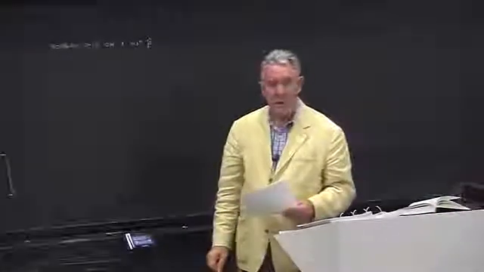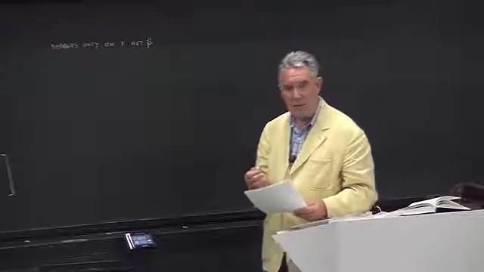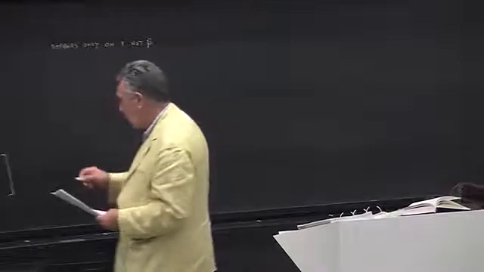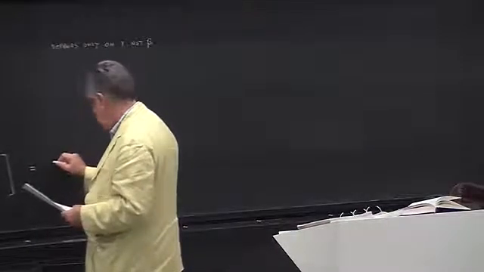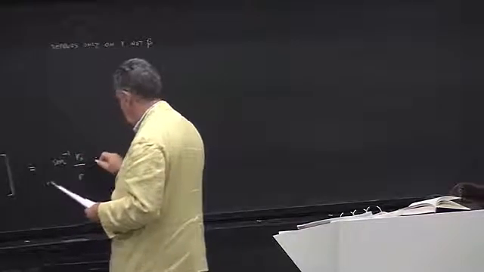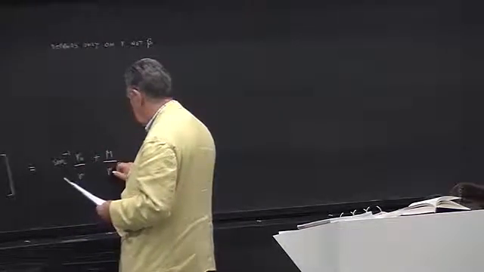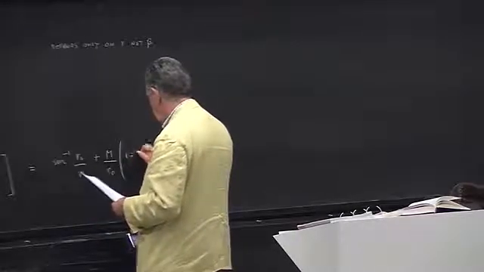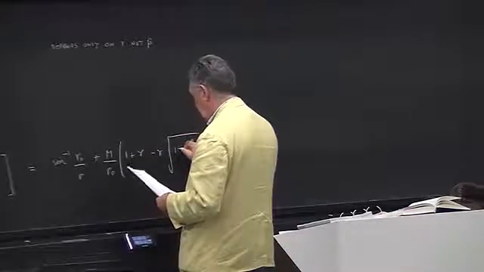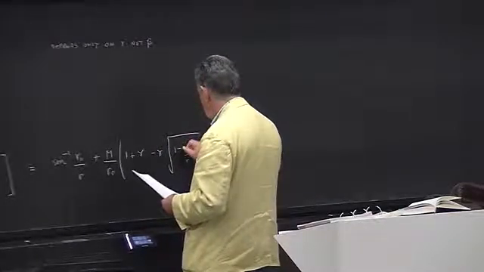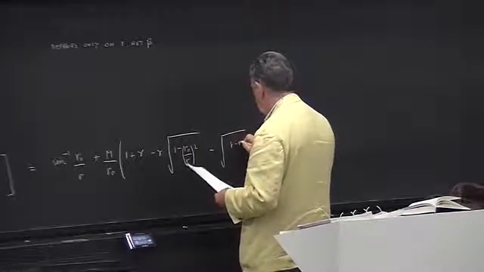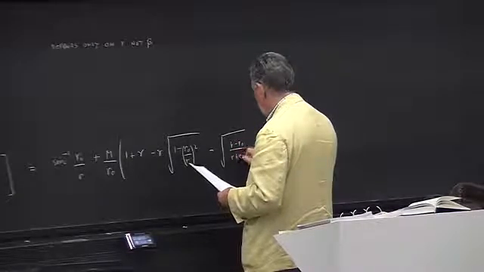Which is a pity in a way, because it means we're testing less than we'd like to test, but that's the way it is. And this equals inverse sine r naught over r plus m over r naught into 1 plus gamma minus gamma square root 1 minus r naught over r squared minus square root r minus r naught over r plus r naught.